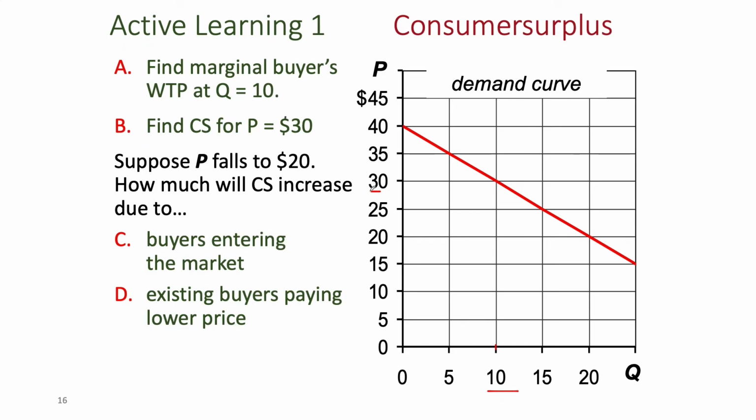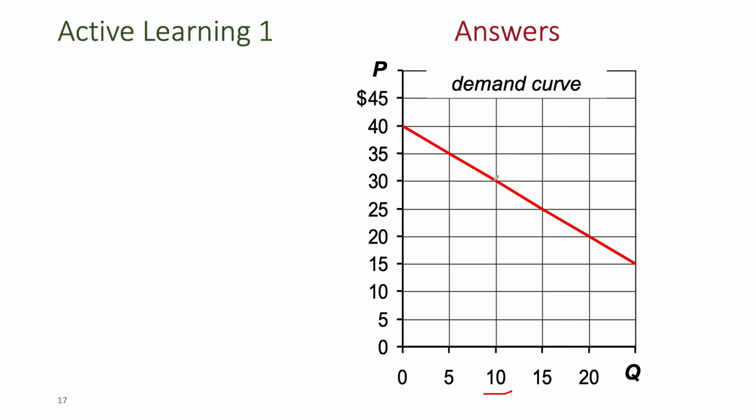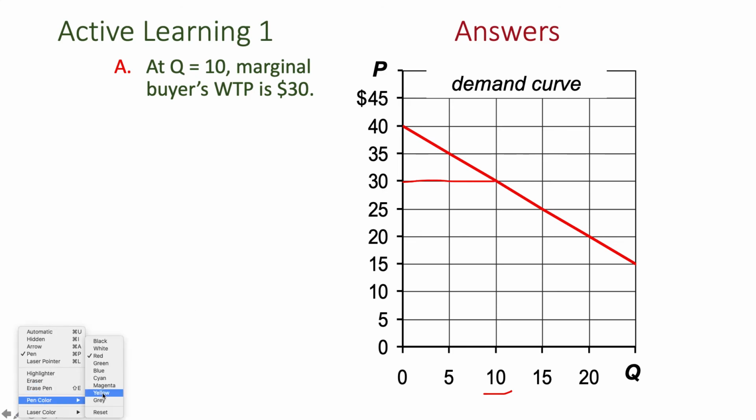Okay. All right. Let's consider the second situation. The price is set at 30 bucks. What is the consumer surplus? Maybe I'll use a different color so it doesn't clash with the demand curve.